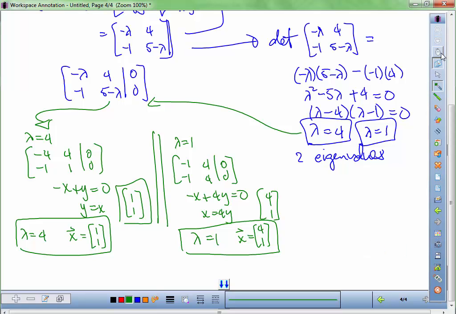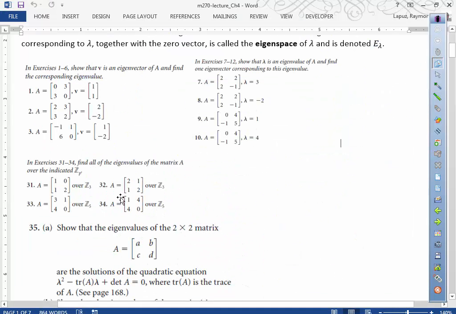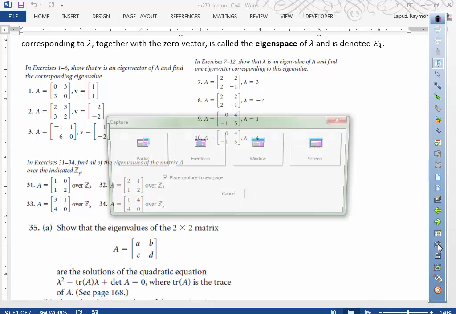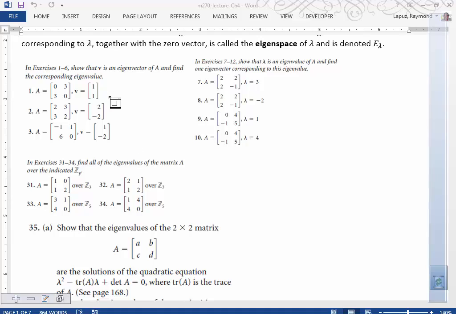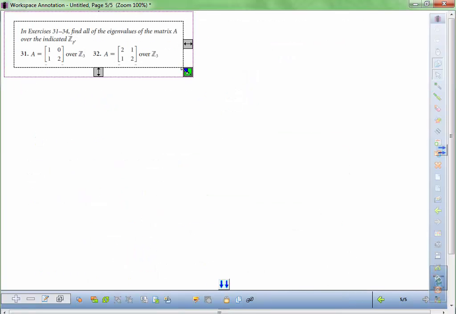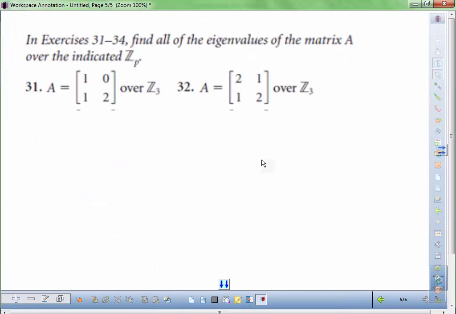All right, and the next thing I wanted to do was to go into a finite space and see what happens. Find all eigenvalues of the matrix.